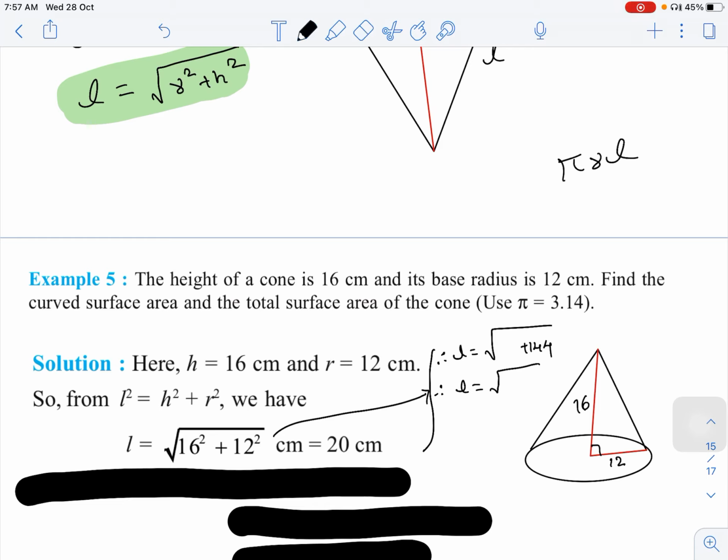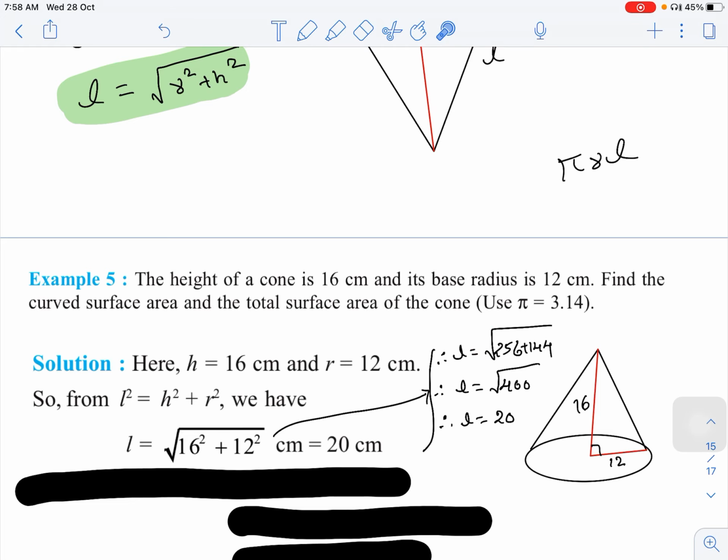So 16 square is 256 plus 144. So our answer in the next step will be 400. Therefore L equals 20. Okay, so in this way we got the value of L as 20.